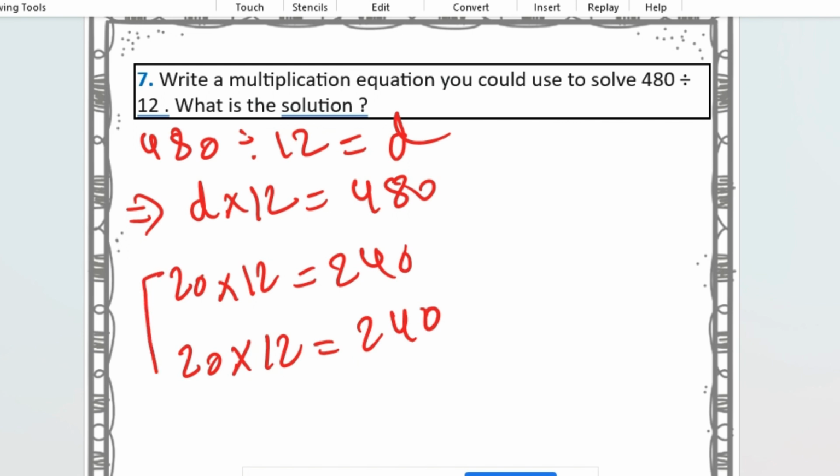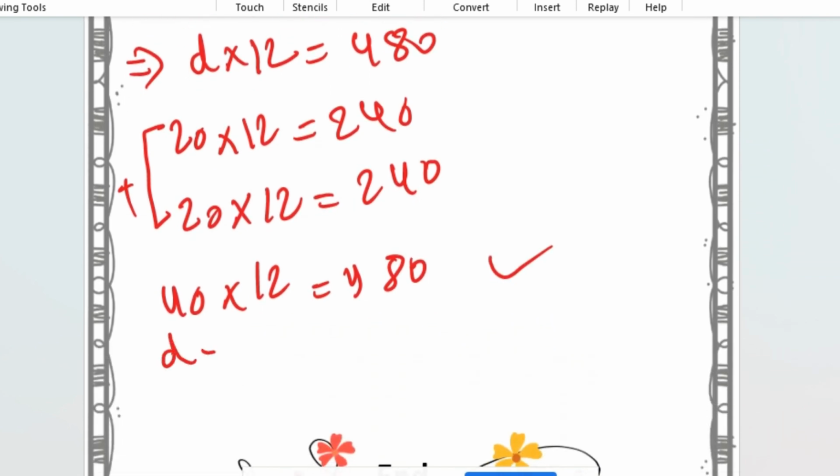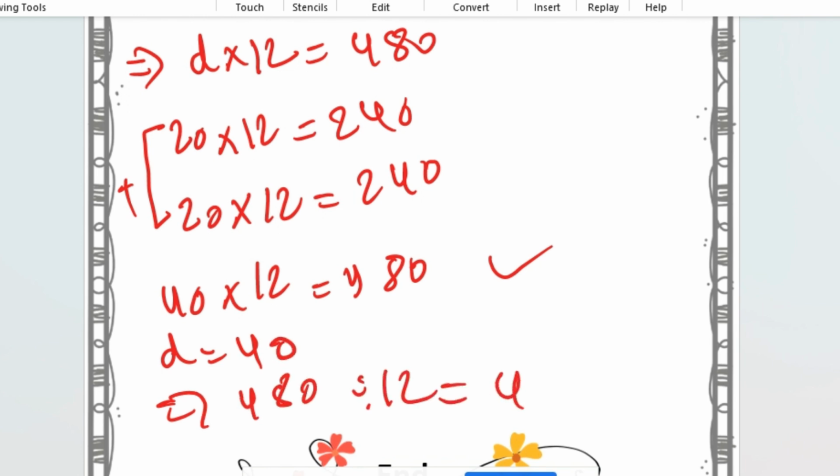Now let's add these two numbers. 20 plus 20 is 40. 40 times 12 equals what? 240 plus 240 is what? 480. So this is the correct answer. So our d equals 40, which means 480 divided by 12 equals 40.